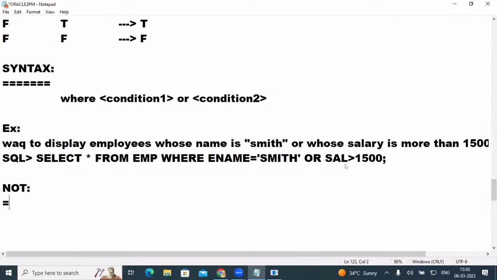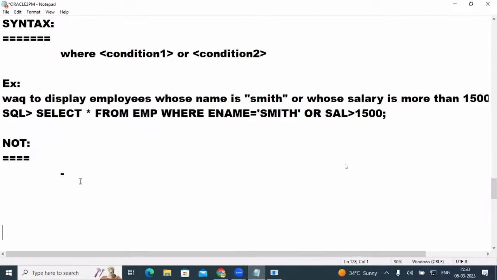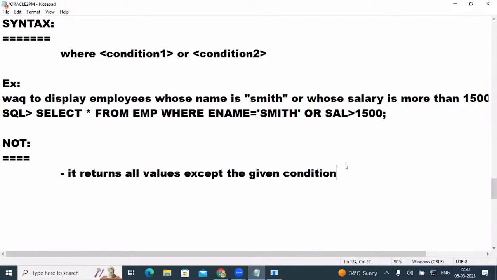Next one, write, NOT operator. Okay, NOT operator, how it works, observe guys. It returns all values except the given conditional values.